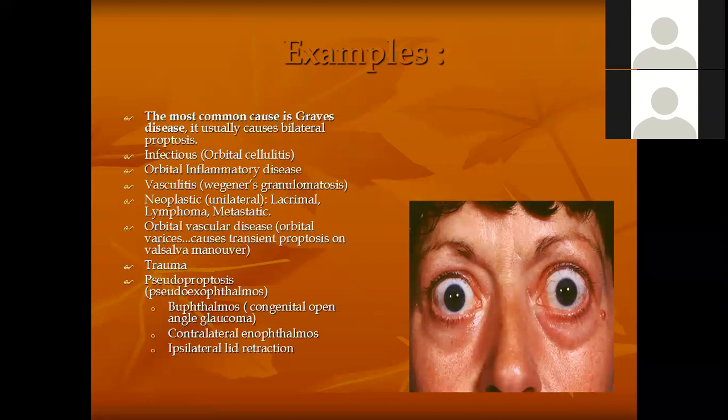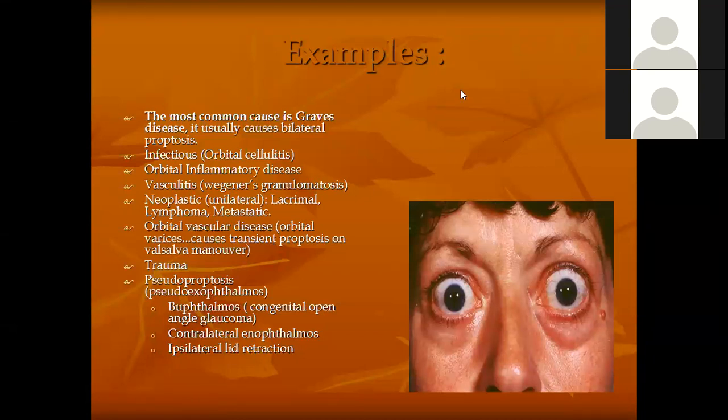Now, what are the different causes of proptosis? The examples: one is thyroid eye disease, which produces exophthalmos. Then there are infections like orbital cellulitis, which also cause proptosis.